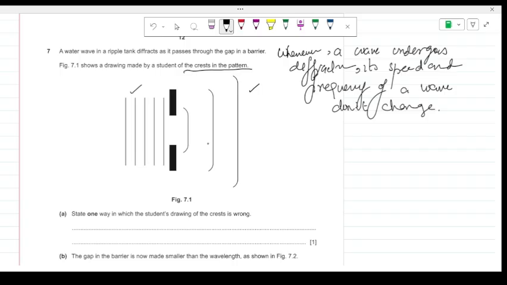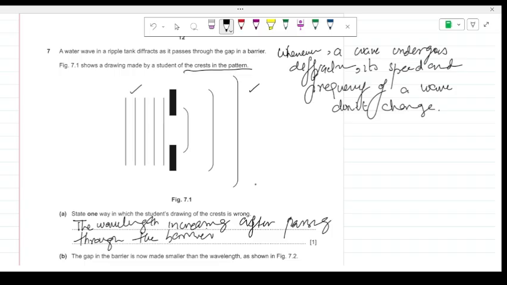So we can say that after passing through the barrier, the wavelength increases.